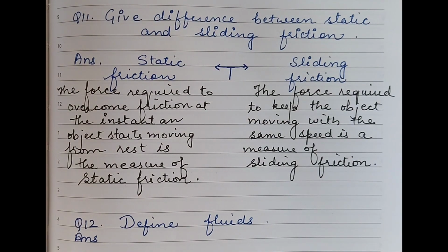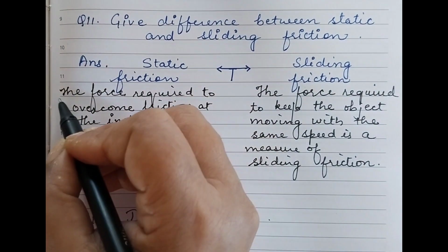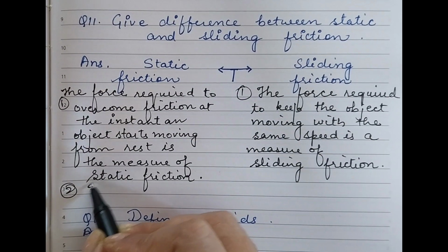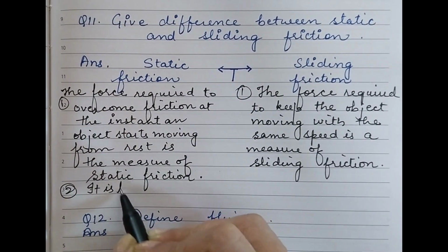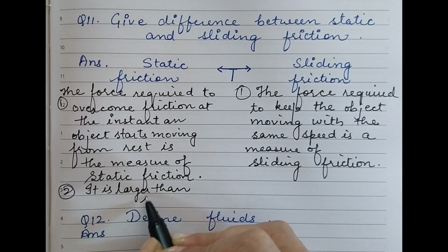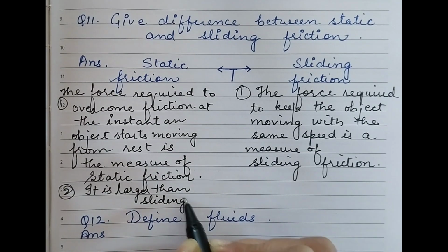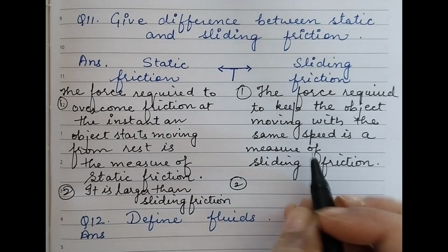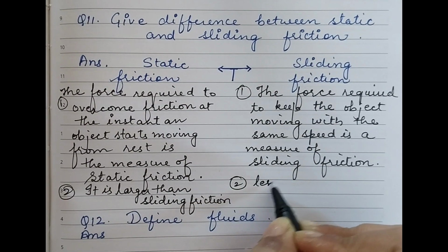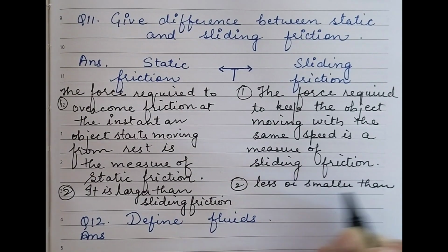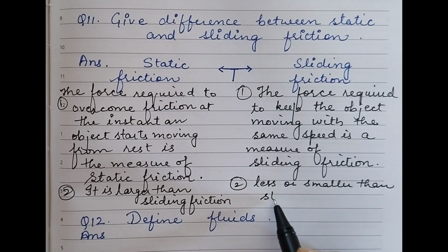So this is the difference between static friction and sliding friction. Static friction is larger than sliding friction, whereas sliding friction is smaller than static friction.